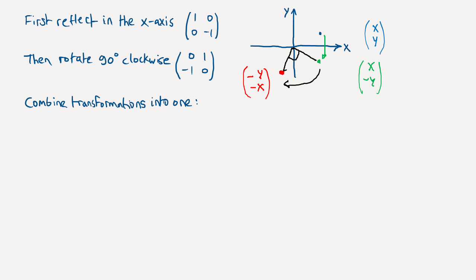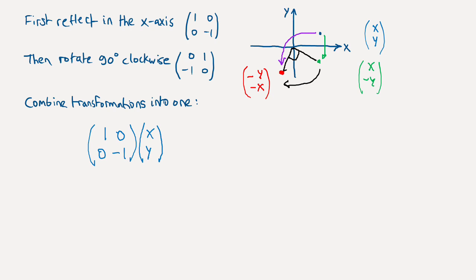So let's see how to combine those transformations into a single transformation. So which transformation would get us directly from this point here over to this point here? So let's write this down in terms of matrix multiplications. First of all, we're reflecting in the x-axis according to this matrix here, 1, 0, 0, minus 1, and we're multiplying that by the starting point xy.